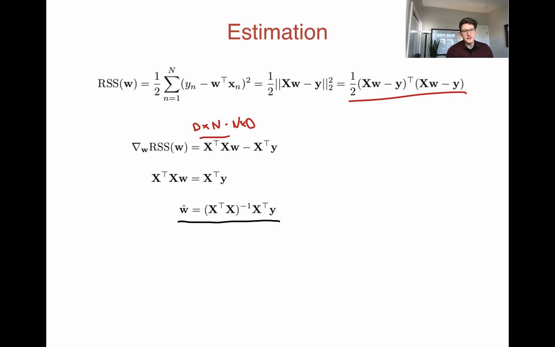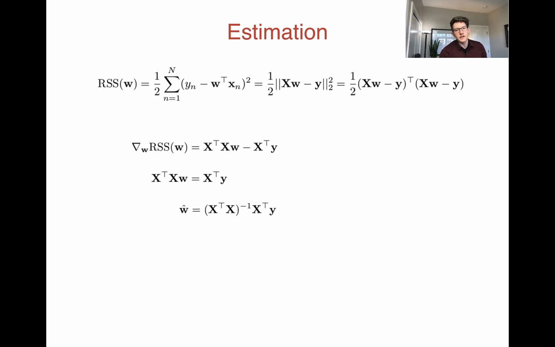So this is extremely widely used. This is called the OLS, ordinary least squares estimate, and it's a very nice way to get an analytical closed form solution to our linear regression problem. So closed form solution, no gradient descent required even.